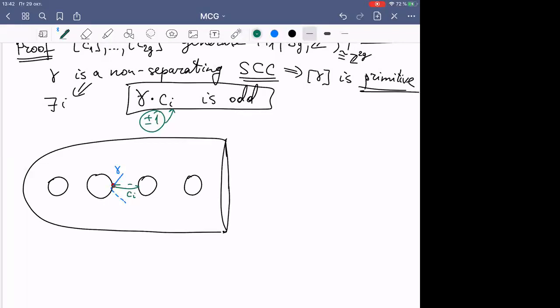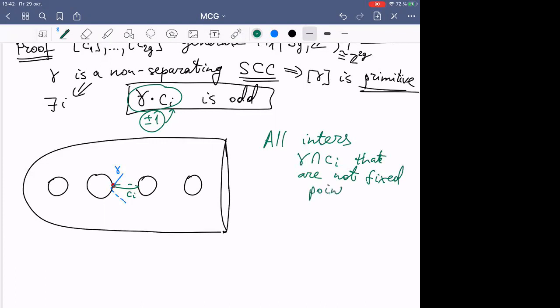But all other intersections, all intersections that are not fixed points, are divided into pairs.